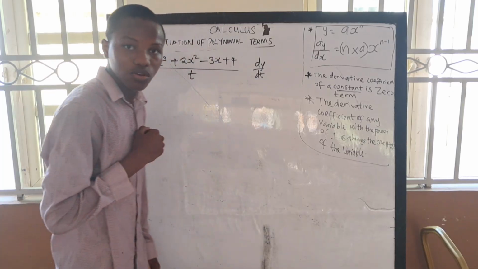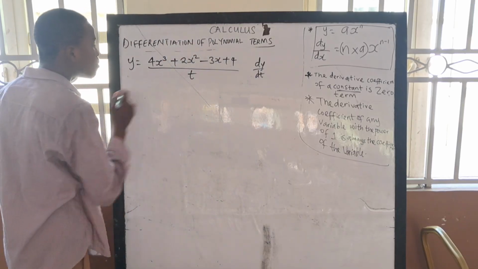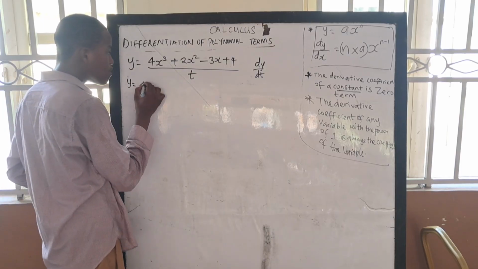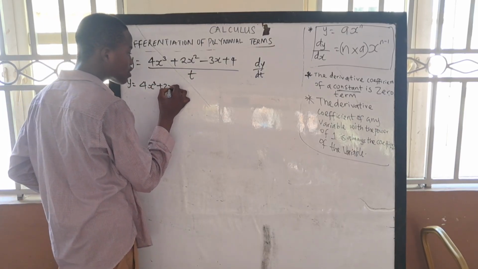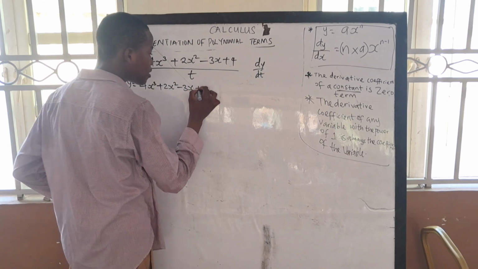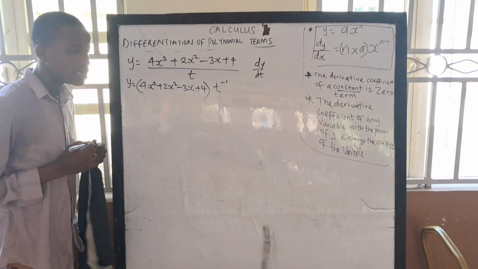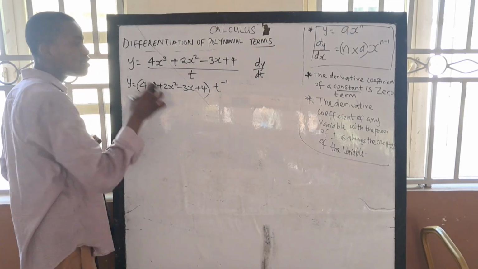Right? Now this function can be written as 4x cubed plus 2x squared minus 3x plus 4, times t raised to the power minus 1. The whole of this is the same thing as this.